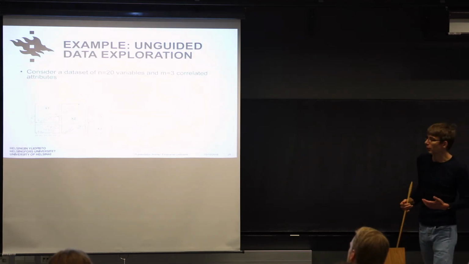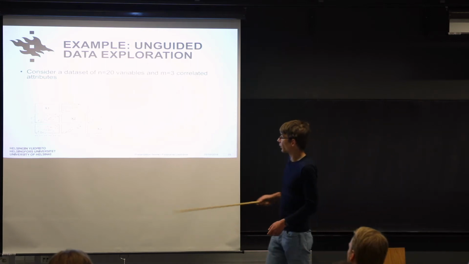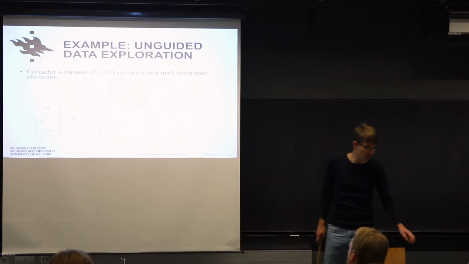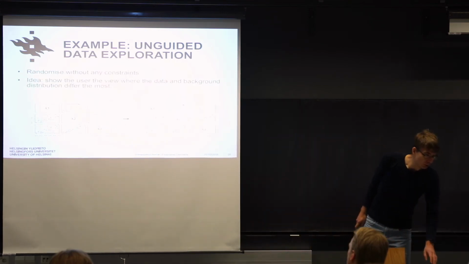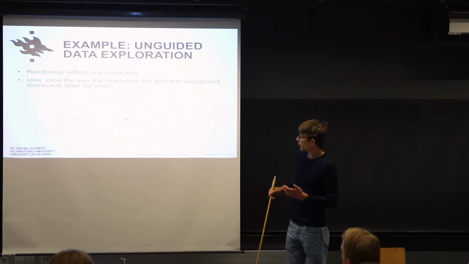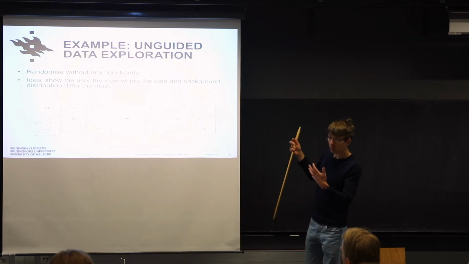Here is a very short, small toy example of how this works. We have this three-dimensional data set pictured here, and we know nothing, so let's say that we permute. The black points are the data set, and the blue ones are the permuted versions.